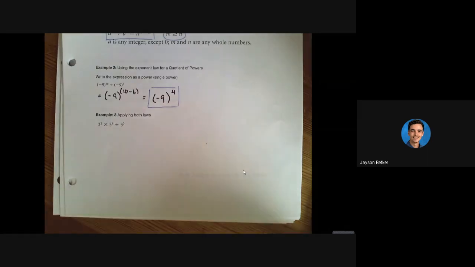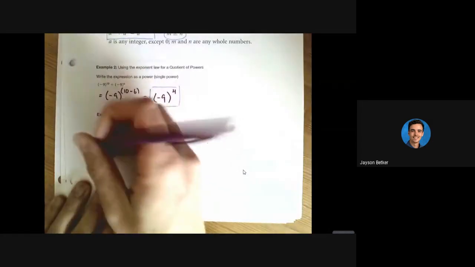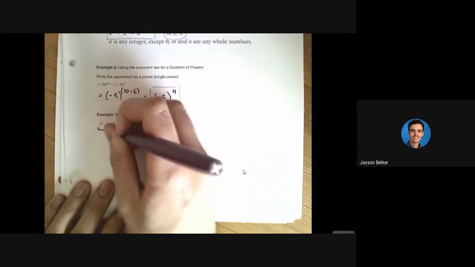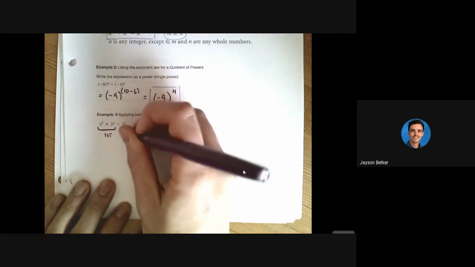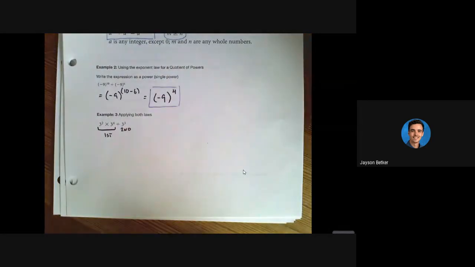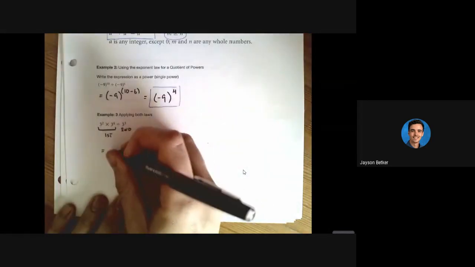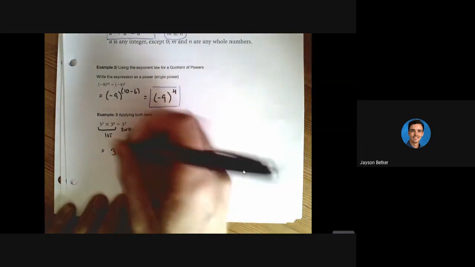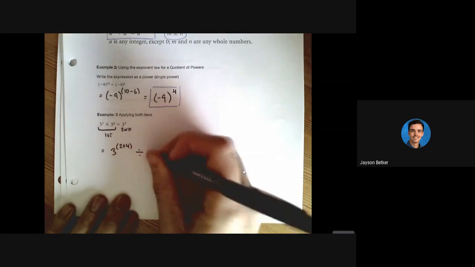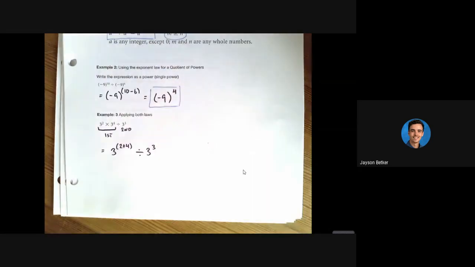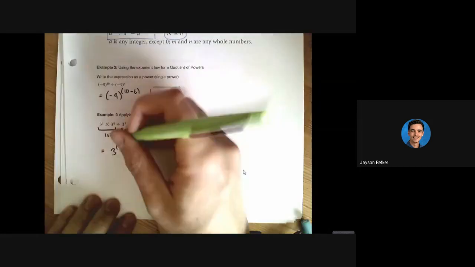So I'm going to combine these two first, and then I'm going to do that one second. Okay, so what I get is 3 to the 2 plus 4 divided by 3 to the 3. So I just did that part first. Maybe I'll write that down right there.